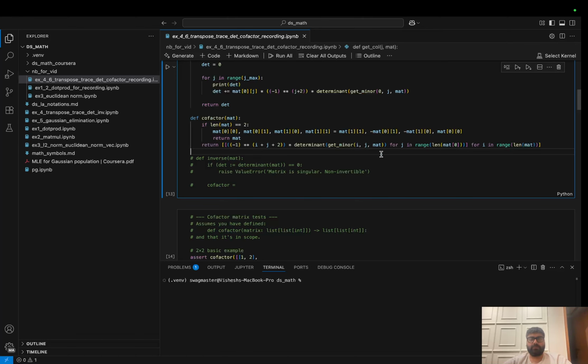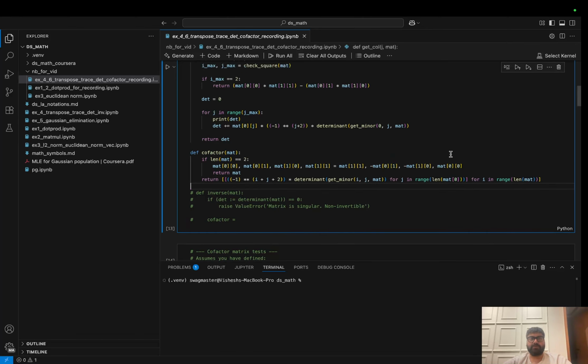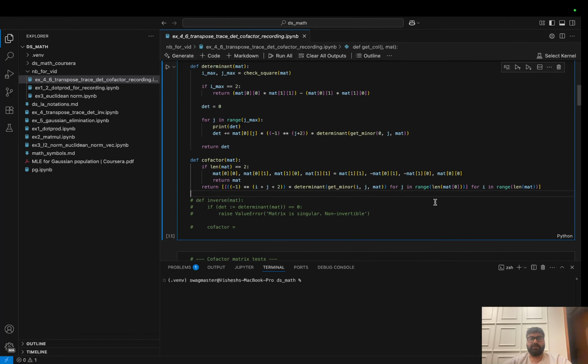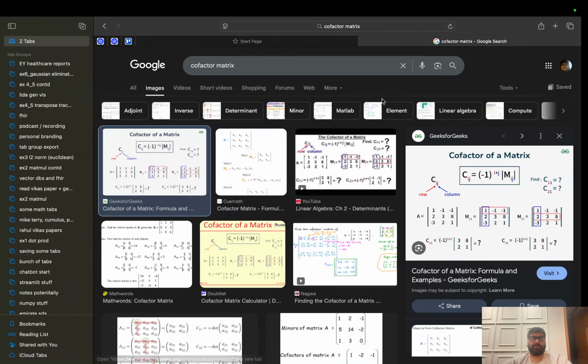So yesterday we came up to the cofactor matrix, right? Now the cofactor matrix is pretty straightforward. But just to review, I have this image that I had looked up. It's essentially, for any given matrix, every element is -1 raised to the power of i plus j times the determinant of that minor, with reference to that element.